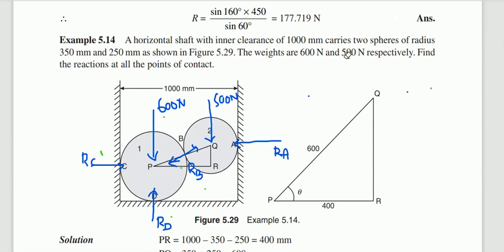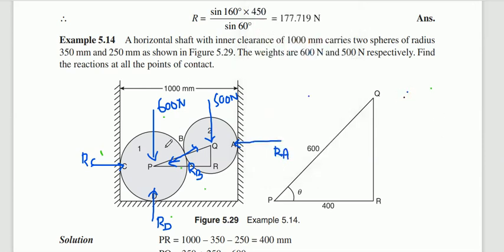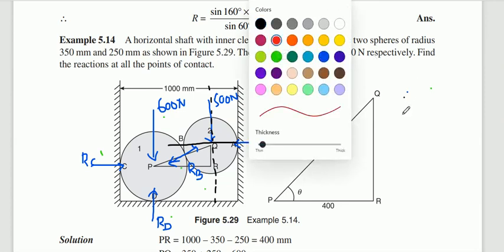Just observe, I am going to draw the natural x and y axes. This is the natural x axis and this is the natural y axis. I am going to draw the free body diagram of sphere 2 here.